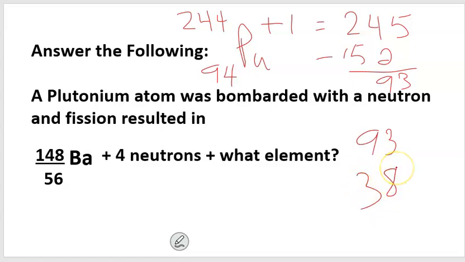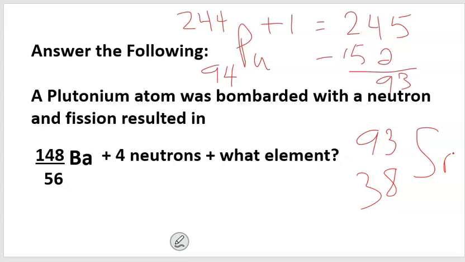And I look at the periodic table, and I see that that is strontium. So 56 plus 38 equals our 94 protons. And 93 plus 4 plus 148 equals our total mass of 245 atomic mass units.